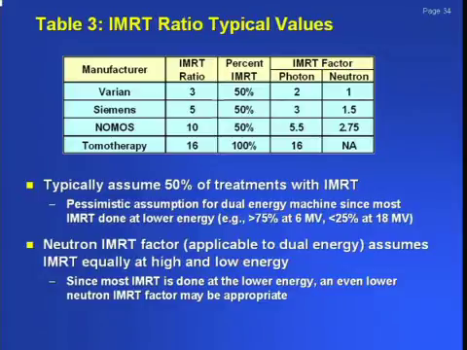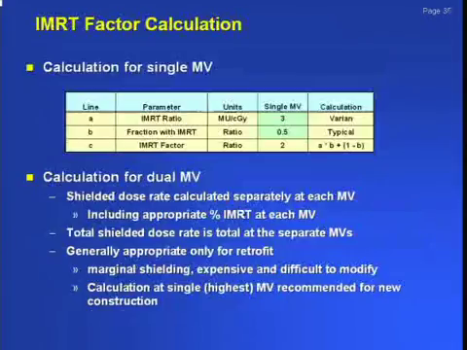These are conservative numbers. Again, we typically assume if it's a new facility and it's a traditional linear accelerator, that 50% of the patients are done with IMRT. And again, your neutron IMRT factor for a dual energy machine will be considerably lower.